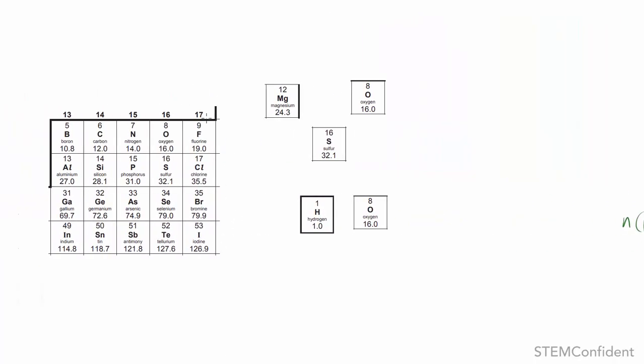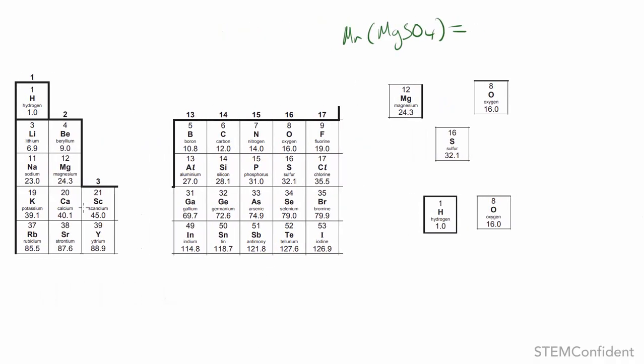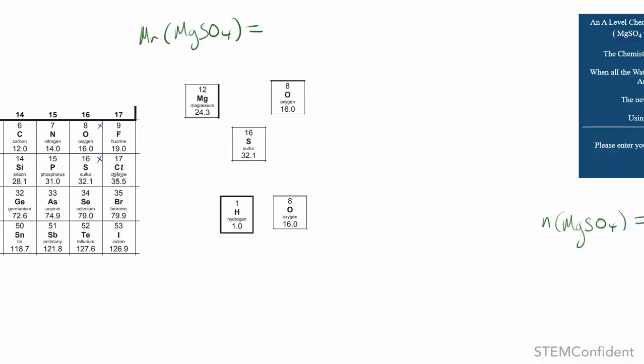So the molar mass Mr of MgSO₄ is equal to what? I've got some excerpts from the periodic table here. What are the relevant elements in this question? Magnesium, sulfur, oxygen. For magnesium, that's 24.3, and it occurs once.